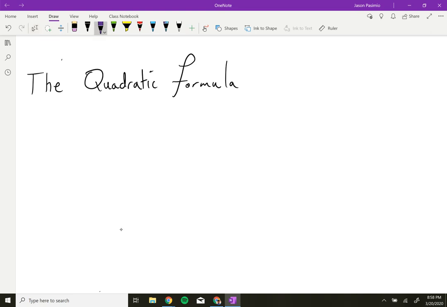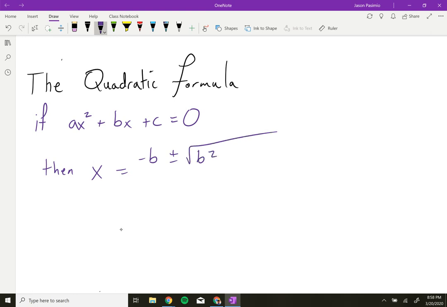So I'll say here, if we have to start off with the standard form equaling 0, if ax squared plus bx plus c is equal to 0, then x equals negative b plus or minus the square root of b squared minus 4ac all over 2a.